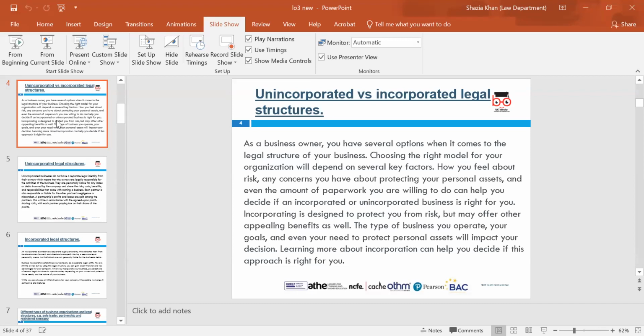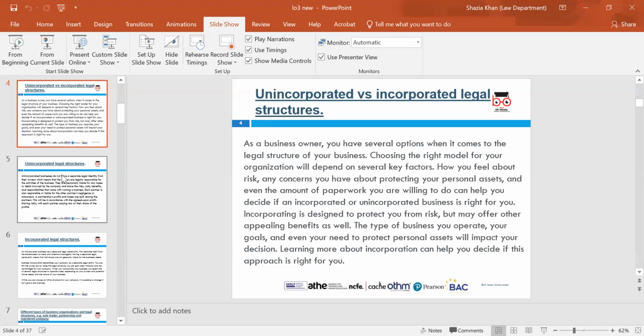Incorporating is designed to protect you from risk, but may offer appealing benefits as well. The type of business you operate, your goals, and even your need to protect personal assets will impact on your decision. Learning more about incorporation can help you decide if your approach is right or not.